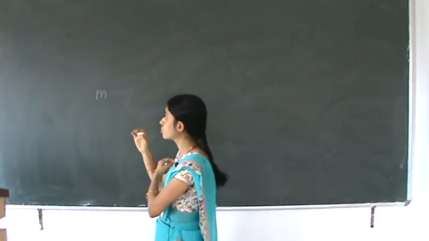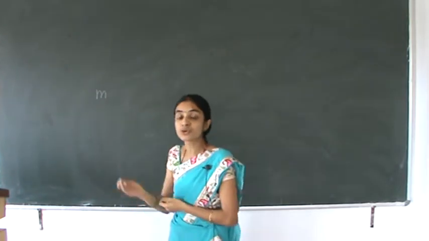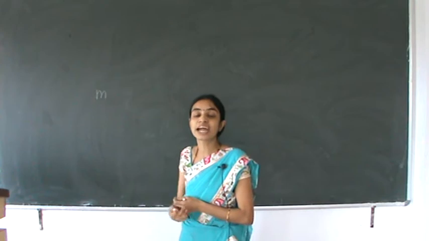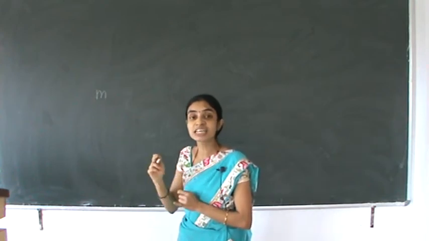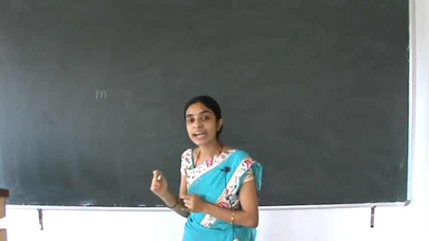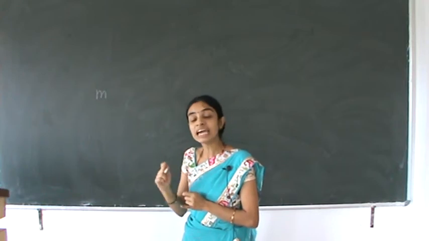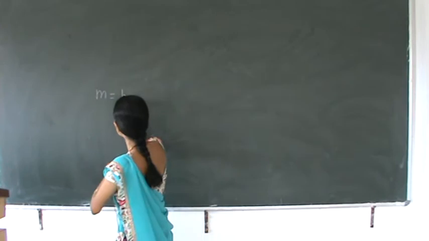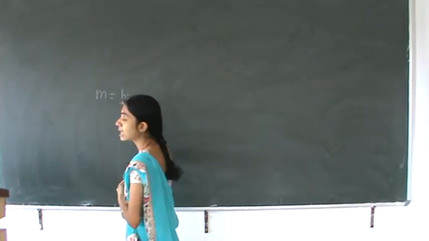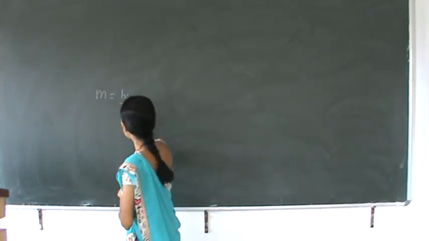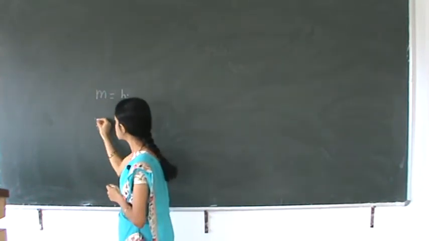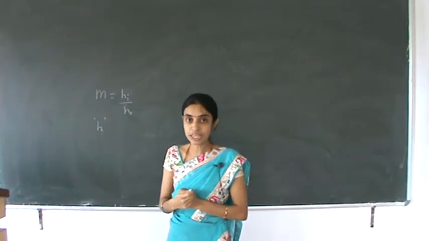In the case of a convex lens, if the position of the object is on 2f, then we will get the image on the other side of 2f. Its nature is real, inverted and of the same size. The formula is the height of the image to the height of the object.